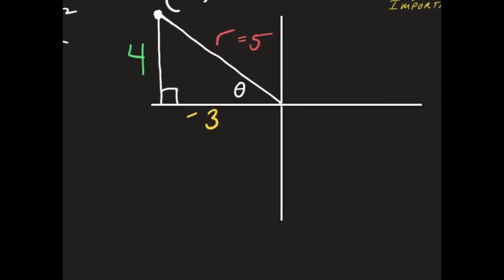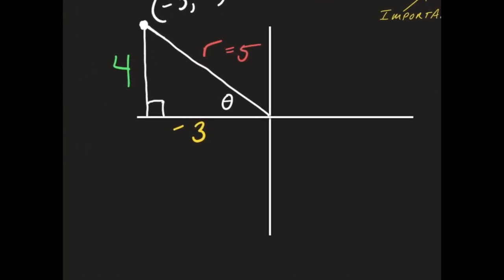So my sine theta is equal to y over r, which is 4 over 5. Cosine theta is x over r, which is -3 over 5. My tangent theta is y over x, which is 4 over -3.